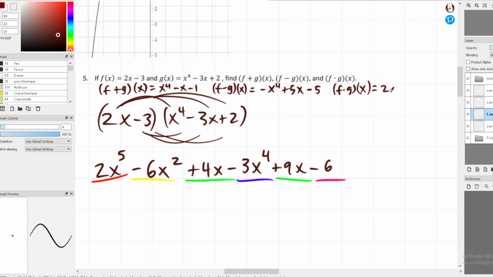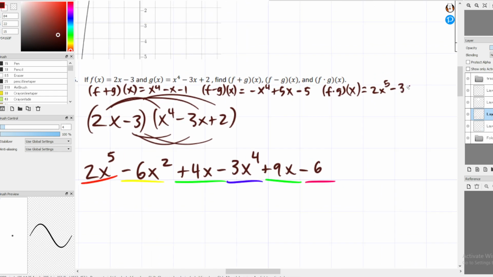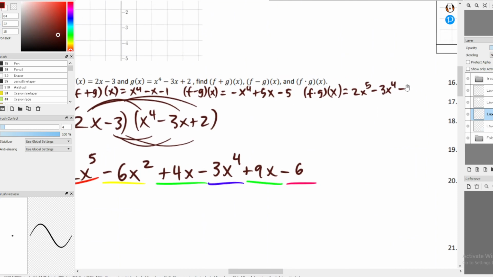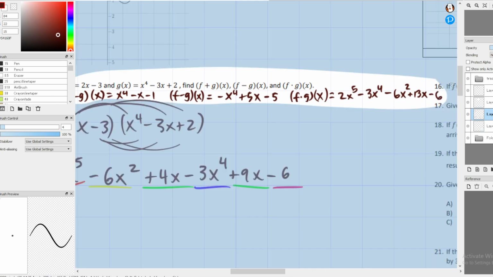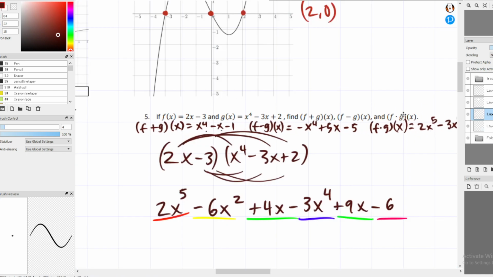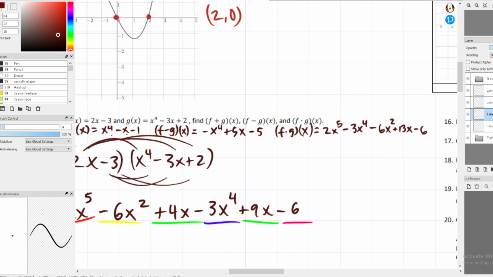So we have 2x to the 5th power minus 3x to the 4th, and then minus 6x squared, and then we can add our x's, so we'll have plus 13x, and then we will have a minus 6. He's a lonely little constant, no other constants. And I'm just going to move him over so there's a little bit more room.